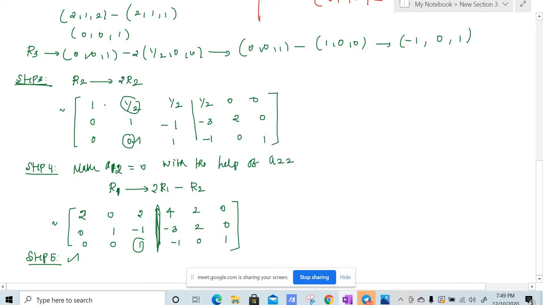R1 is equal to... Actually there should not be 2 here, there should be 1.